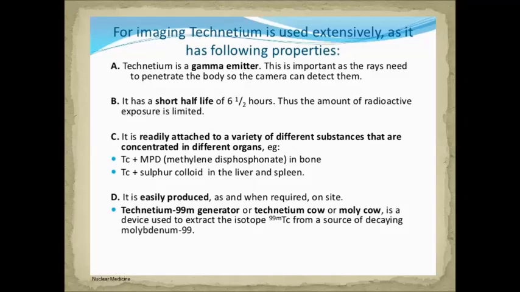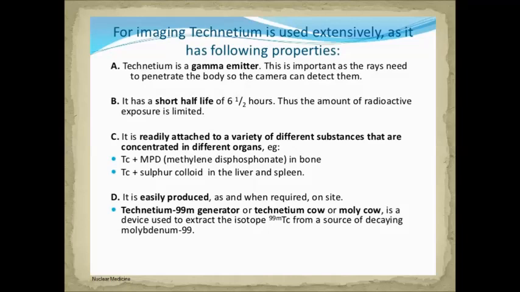It has a short half-life, about 6 or 6.5 hours. Thus, the amount of radioactive exposure is limited, both for the patient and for the medical staff of the radiological department.